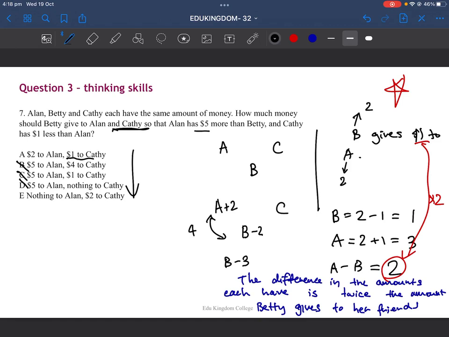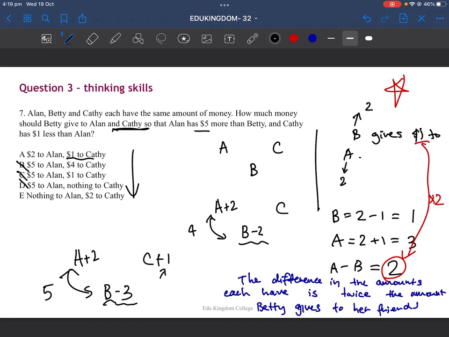Then now, Alan used to have 2 more than the usual before, and Kathy has 1 more than me now. Can you guys see? Because I gave $1 to Kathy, I'm B minus 3 now, not B minus 2, and that means that the difference between Alan and me now is suddenly the correct $5.